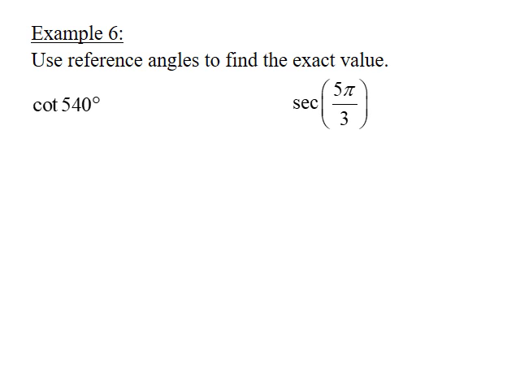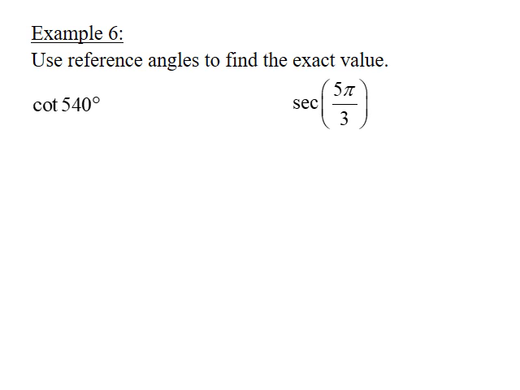I'm hoping you're getting the hang of this by now, but we'll throw in a few more examples for good measure. Here we have cotangent of 540 degrees. Now this is a big number. I can see it's more than 360 degrees, so it's more than one full revolution.